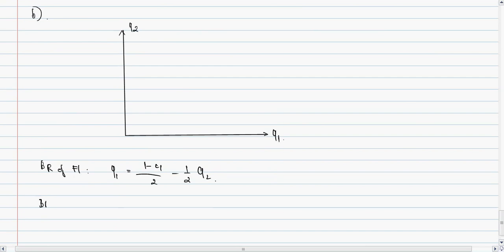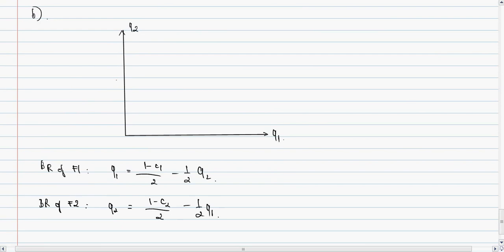And the best response function of firm 2 is Q2 equal to (1 - C2)/2 minus half of Q1. Now remember Q2 is on the vertical and Q1 on the horizontal, so it will be easier to draw the best response function for firm 2 first.